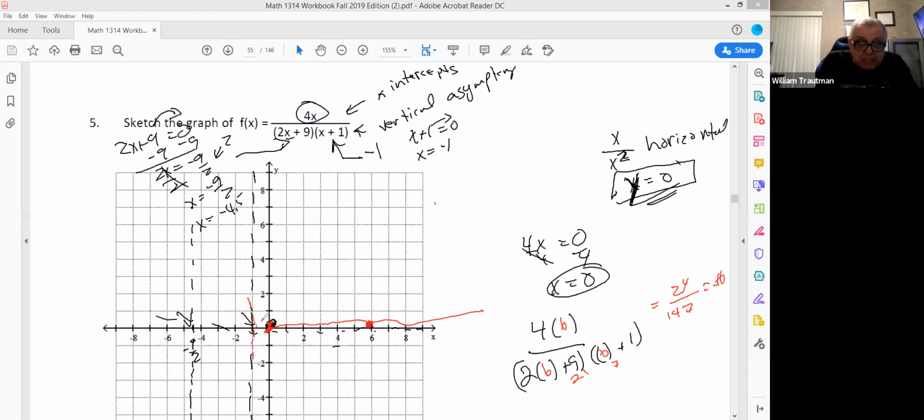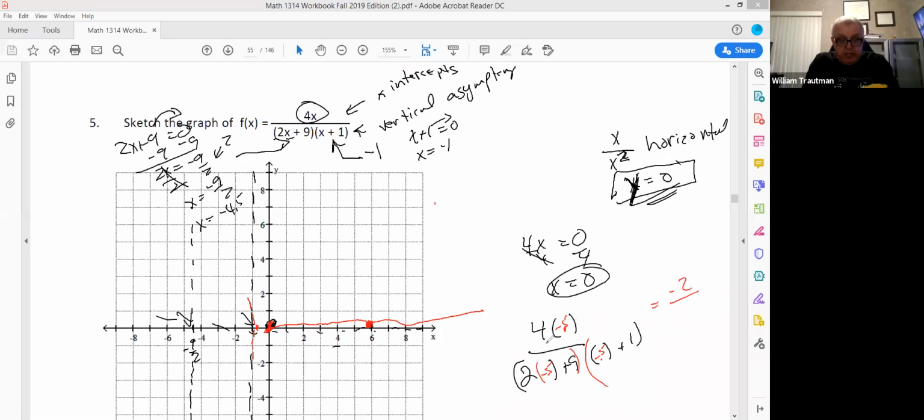I know I cannot cross this line, but if I get really close to it, if I put -1/2 into the x spot, watch what happens. When I put -0.5 in there, on the top I get 4 times -0.5, which is -2.